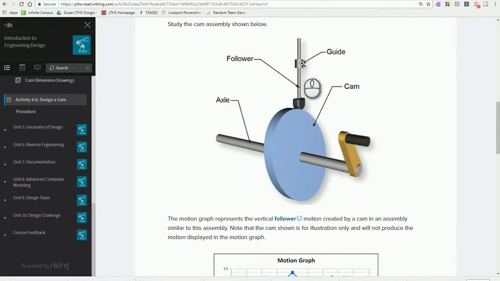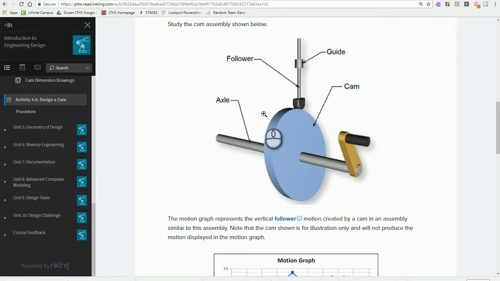Please note there is a guide in which the follower rod goes through. At the bottom of that rod, we have some sort of a shoe, a plate, some sort of a boot that is going to allow us to have connection to the cam. And when this cam is being rotated, obviously the follower rod is going to be going up and down. So just as a small vocabulary lesson right there.